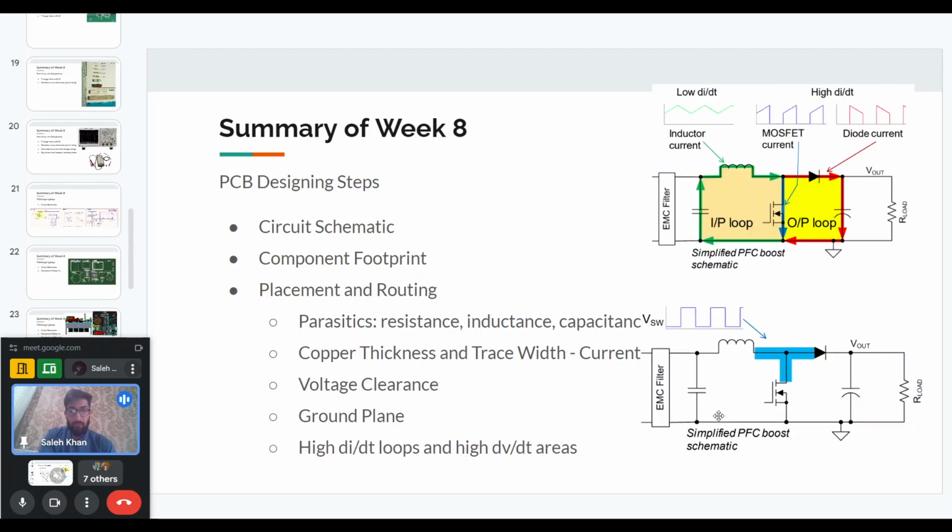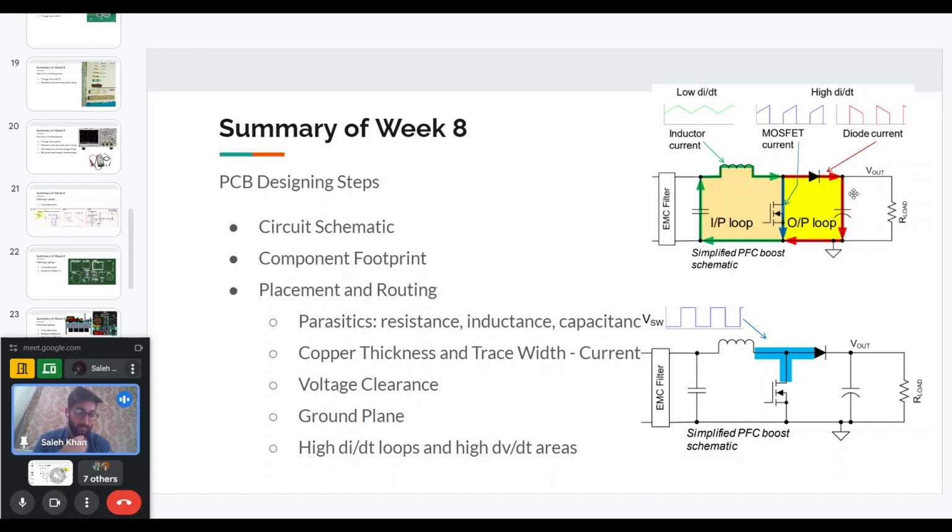So the last thing I will talk about in this aspect is, for the power side of the converter, you have to consider the loops which will have high di/dt and the nodes which will have high dv/dt.